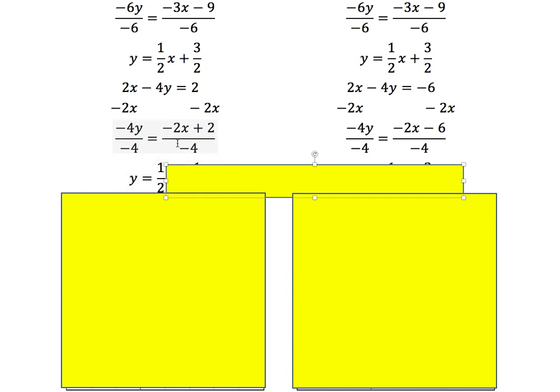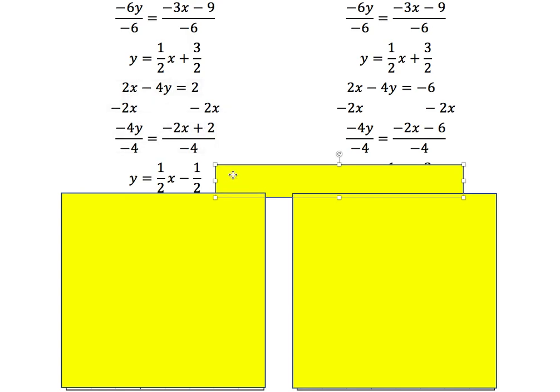The negatives cancel out, and 2 divided by 4 reduces to 1/2. And then over here we have a +2 divided by -4, and that reduces to -1/2 because you only have one negative sign here where you had two negative signs here. If you have two negative signs, it cancels out. One negative sign, it stays negative.